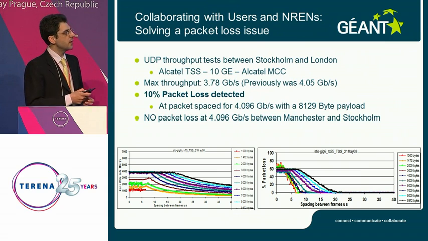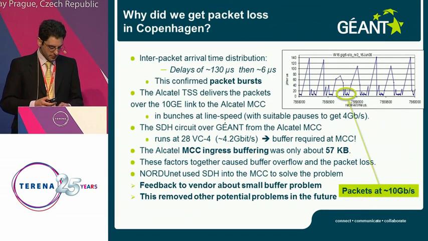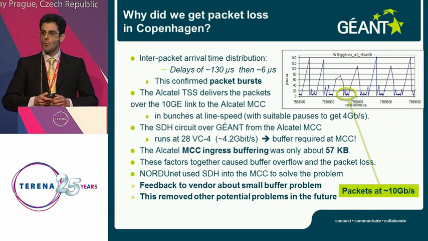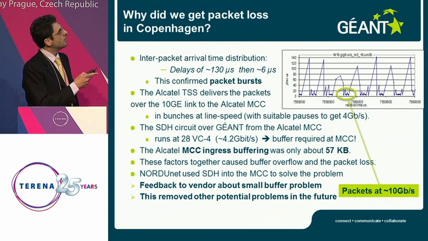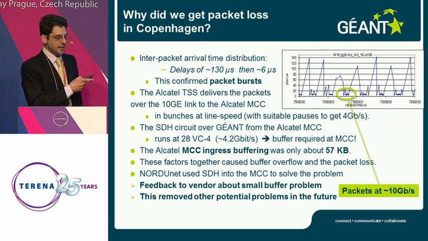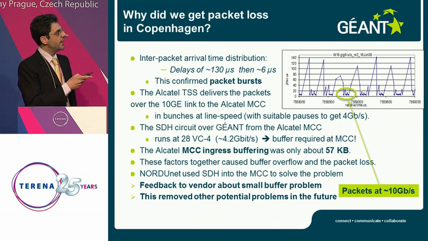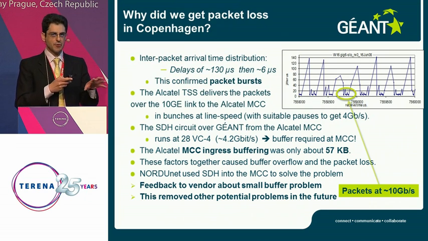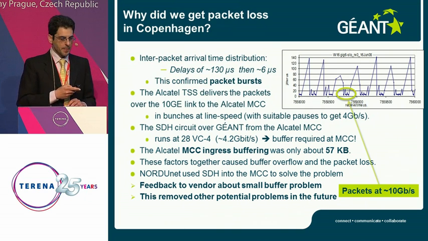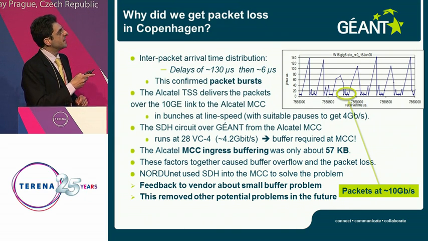We started some investigation to see where those packets were lost in the network, doing some detailed analysis. And actually, you can see here one of the graphs that allowed us to understand what was happening. This is the inter-packet arrival time as a function of the received time.